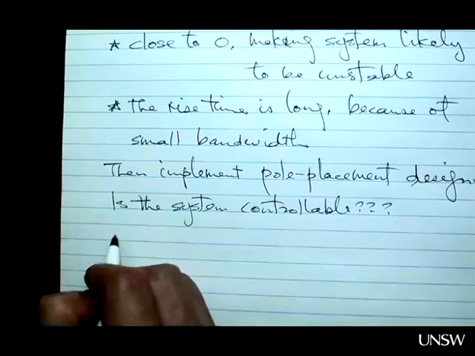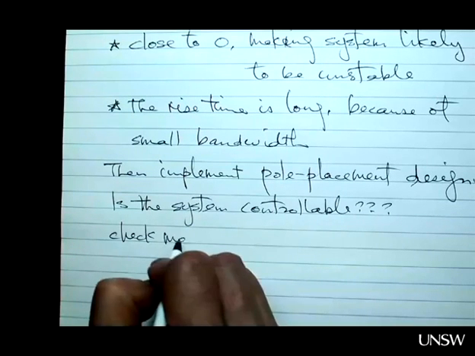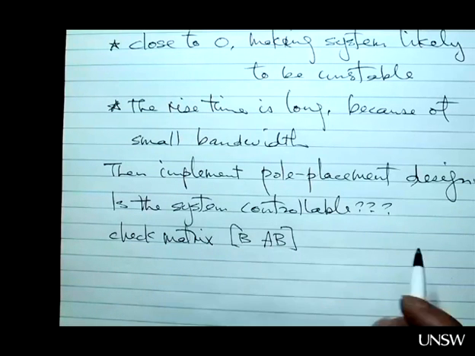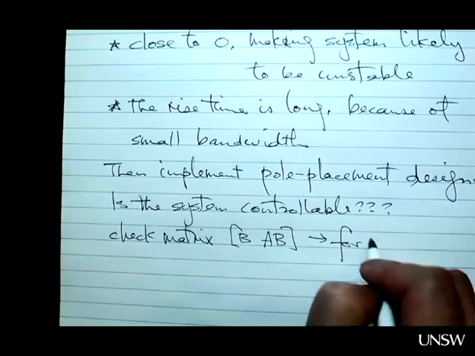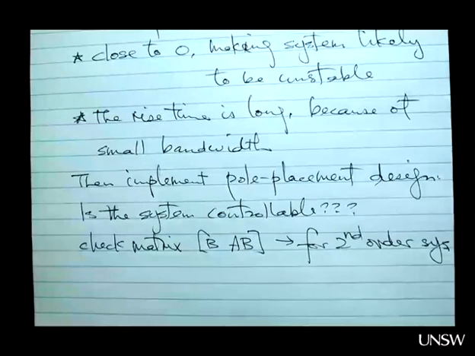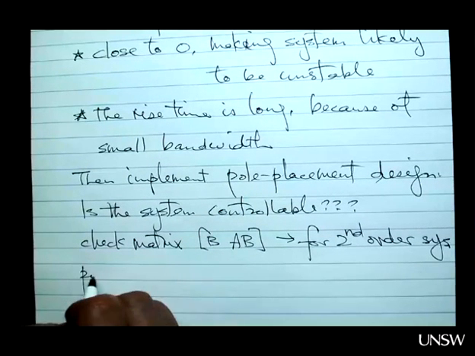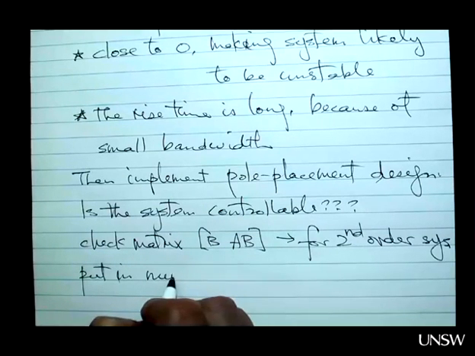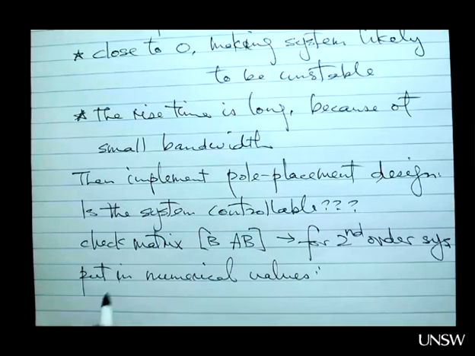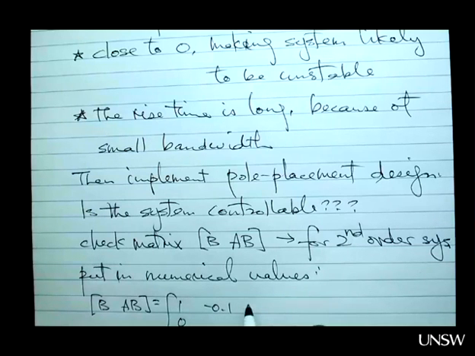Check matrix. It is B and AB. Okay, this is for second order system. And then with our example, the numerical values, then put in. So B and then AB equals 1 and 0, and then minus 0.1, 0.1, 0.1 minus 0.2.